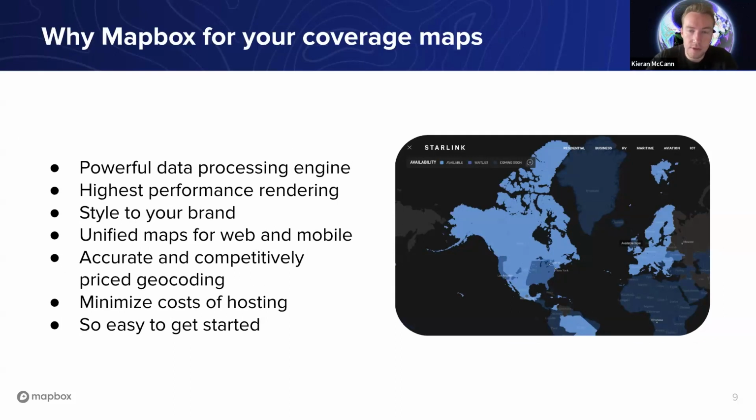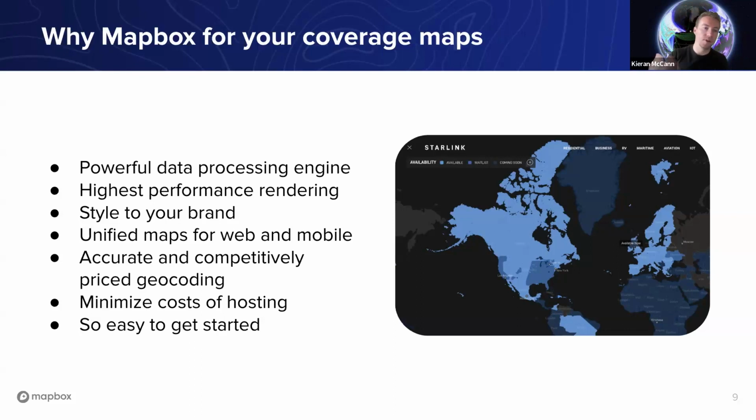The renderer itself is best in market. So if you're talking about loading this up on a mobile experience or on the web, you're not going to have a laggy experience where the map itself is taking a while to load on whatever medium the user is interacting with it. And that's really important because, like I said before, people will leave the site or they will go to a competitor if the coverage map experience is not optimal. So we want to make sure we can help you with that.